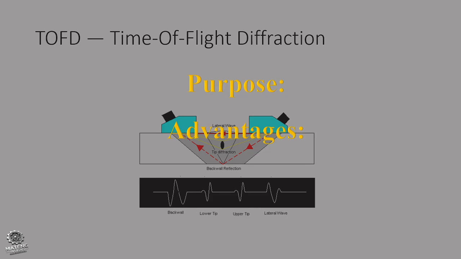Good reproducibility for large-scale inspections and high accuracy for sizing crack depth and position, but it is not a useful method for detecting small and tiny cracks. Therefore, the TOFD method is often combined with other, for example, ultrasonic techniques.